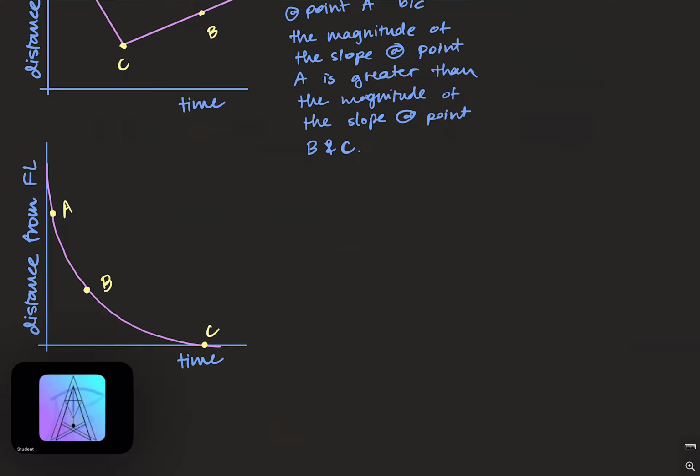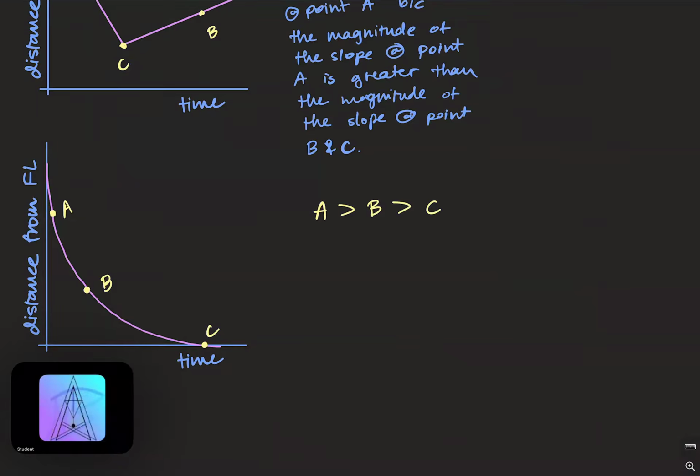And how do you know? I think again point A is the fastest, then point B and then point C. Yes, it's going fastest at A, then at B, and then at C, right?